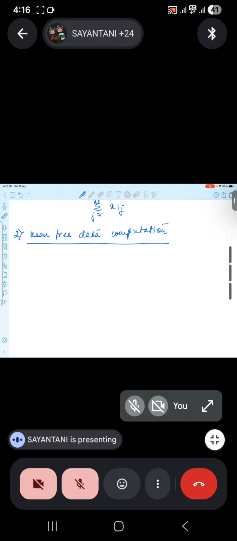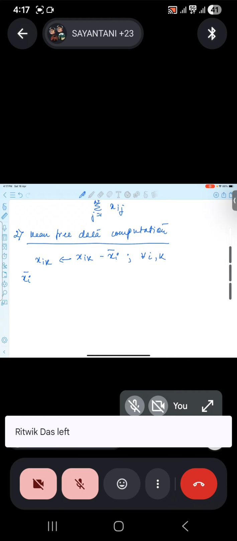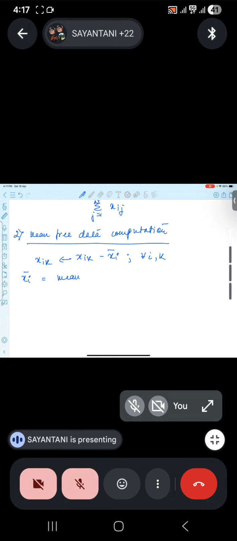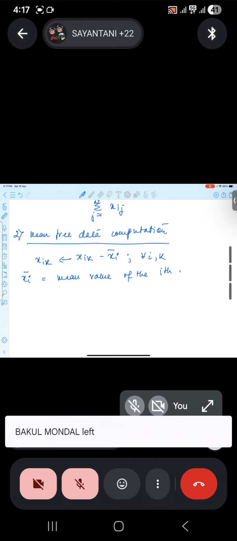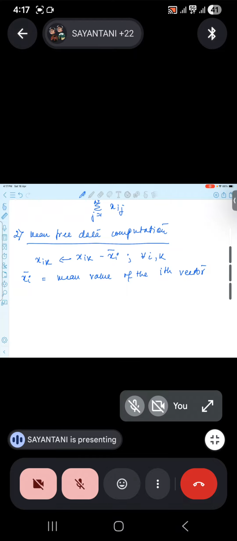So basically, if this is your individual element, you subtract the mean value. This is what you have to do for all i and k, and where xi bar is the mean value of the ith vector. So now your data is completely mean free or average free. Okay, so this is the second step.